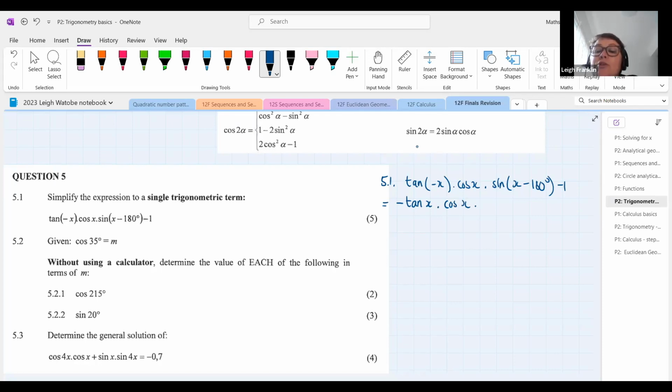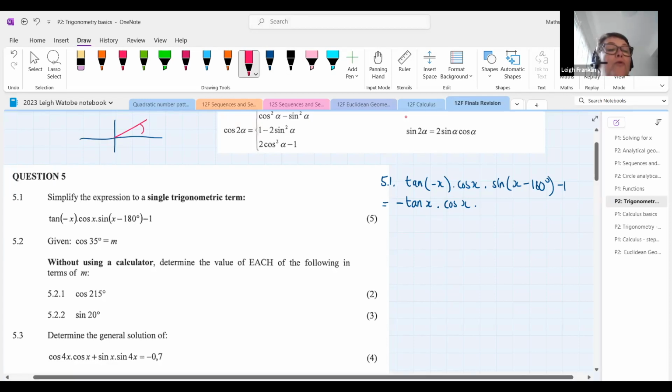And now we come to sine x minus 180. Now, there are two ways that we can think about that particular question. The easier way, in my opinion, is to look at it term by term. So sine x means we are in the fourth quadrant. And when we go in this direction, we've gone plus x degrees.